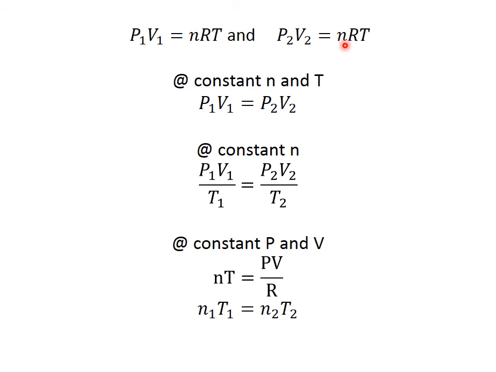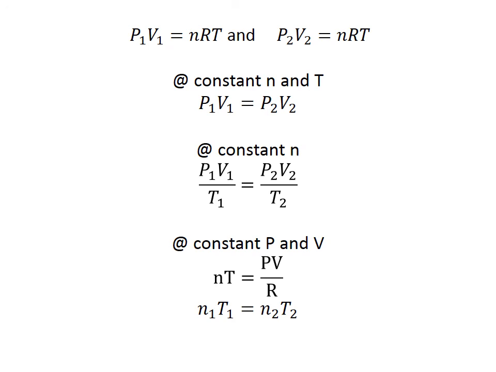So we put in n is equal to those values, P2 V2 over T2, or P1 V1 over T1. Since the R value will be the same, it will cancel out. These values will vary, so they're going to be equal. They will all be equal to n. They'll give us the same value. When we multiply P1 by V1 and divide by T1, the value we get will be the same as when we multiply P2 by V2 and divide by T2.